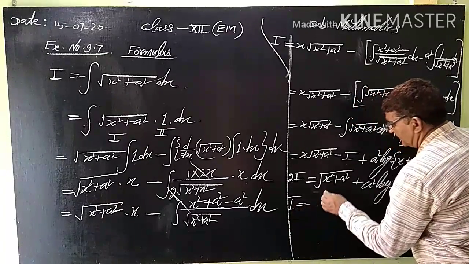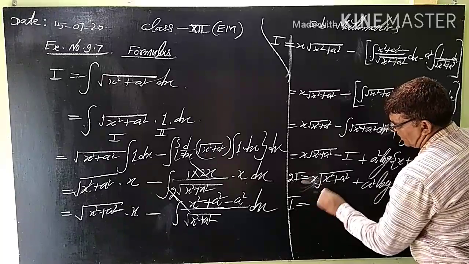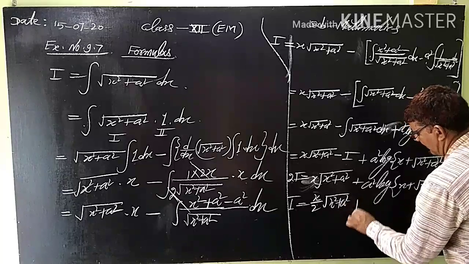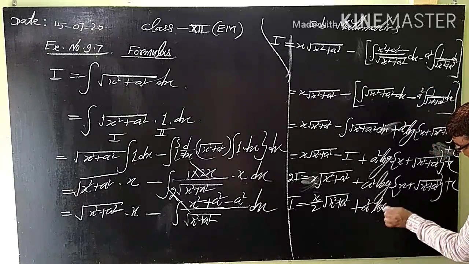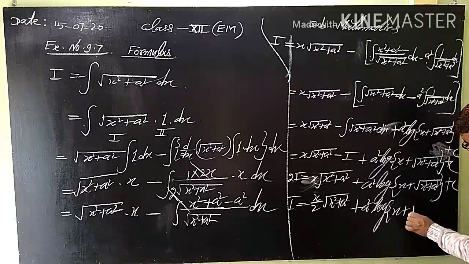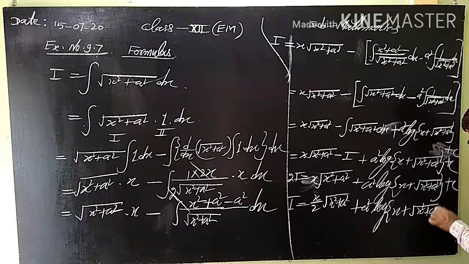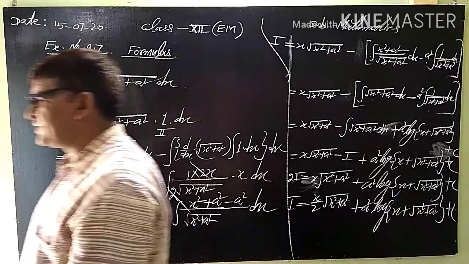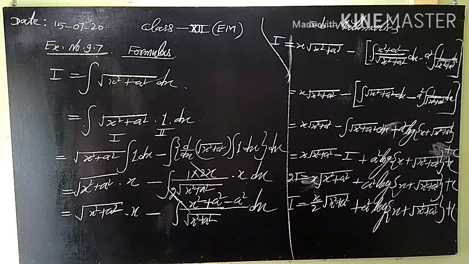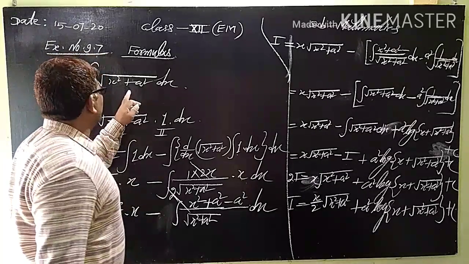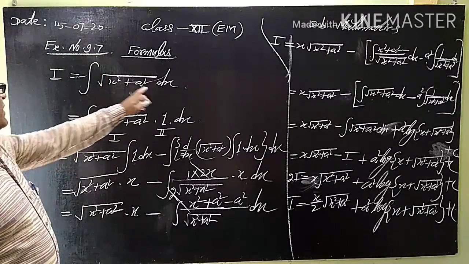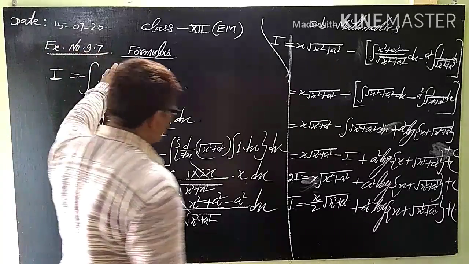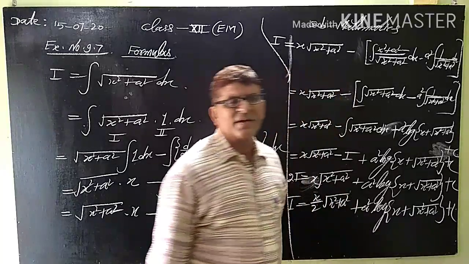I equal to x by 2 under root x square plus a square, plus a square by 2 log of x plus under root x square plus a square plus c. This is the value which can be put instead of the integration of under root x square plus a square. This is the standard formula, and instead of this we can put this.